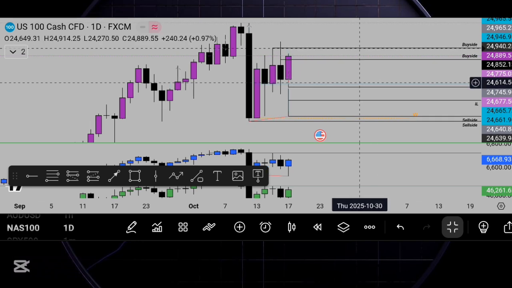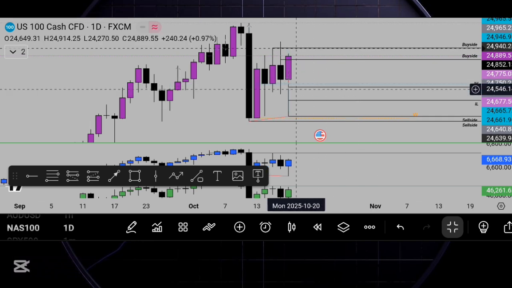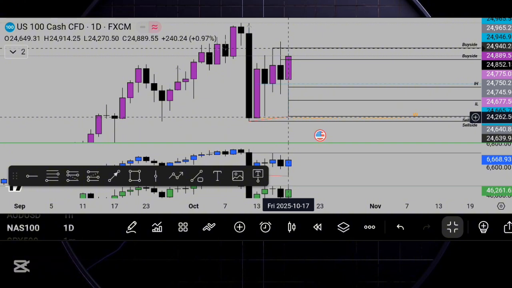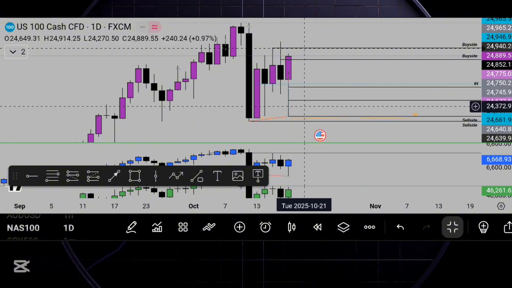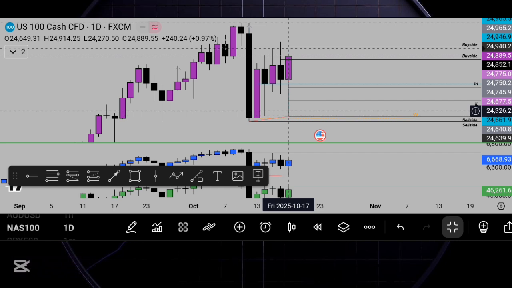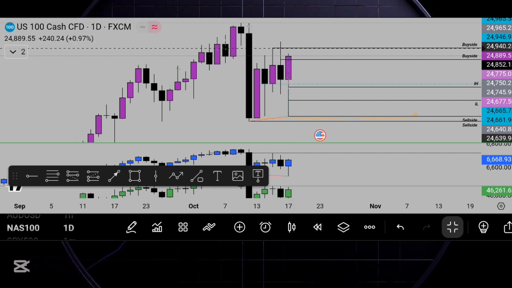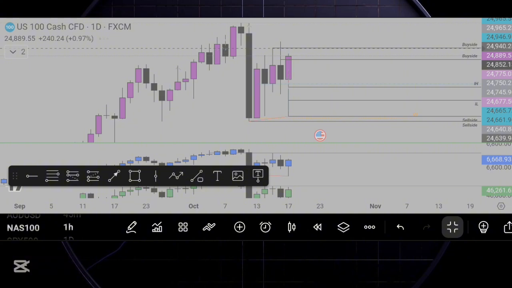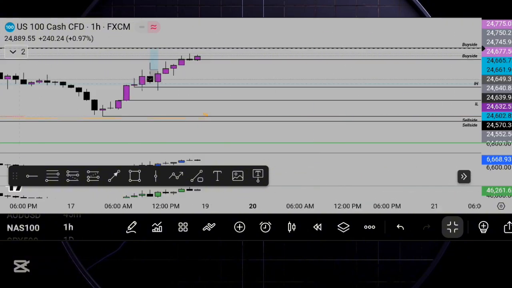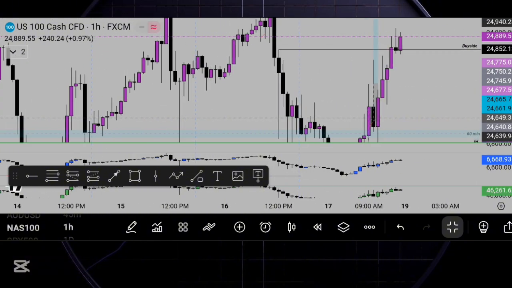So on the high time frame, you can see that the price made a low. Whilst making that low, the price made a pretty large run during the Asian session. On the 1 hour time frame, you can see it clearly right here.